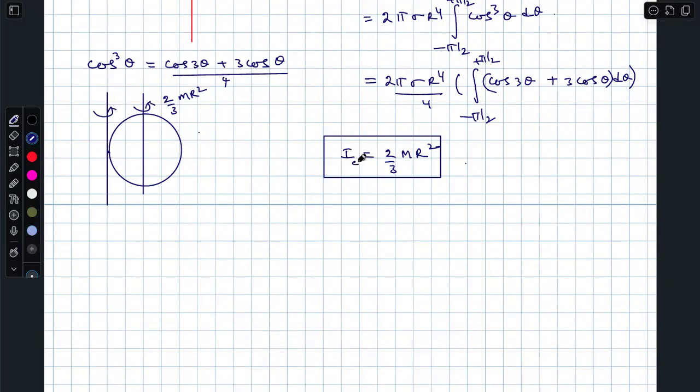This is ICM and this is I. So I is ICM plus mr square, which is 5 by 3 mr square. Any doubts?